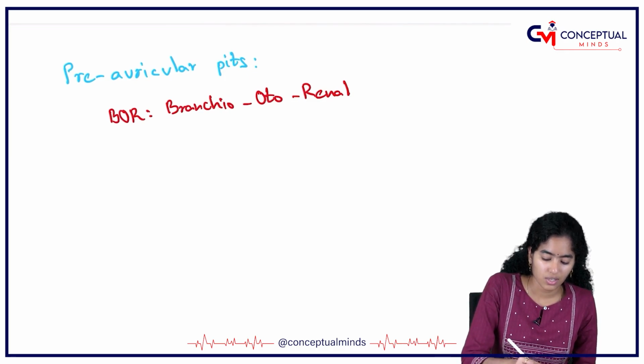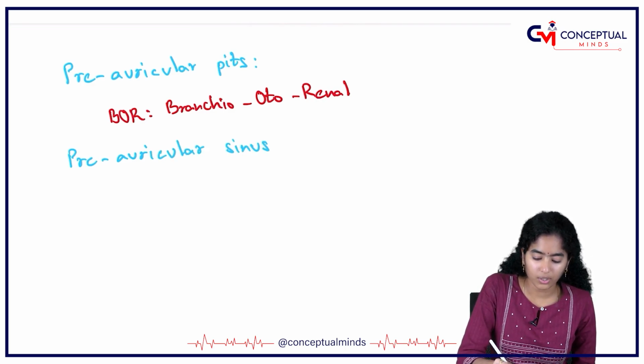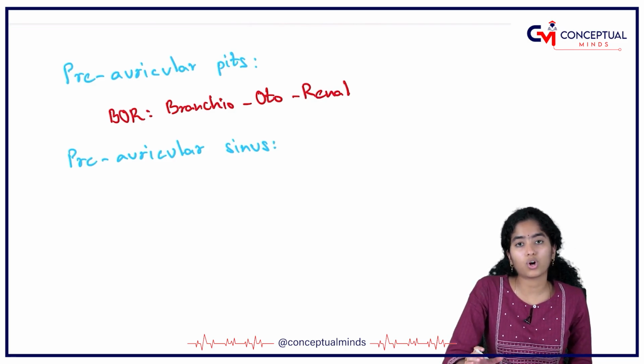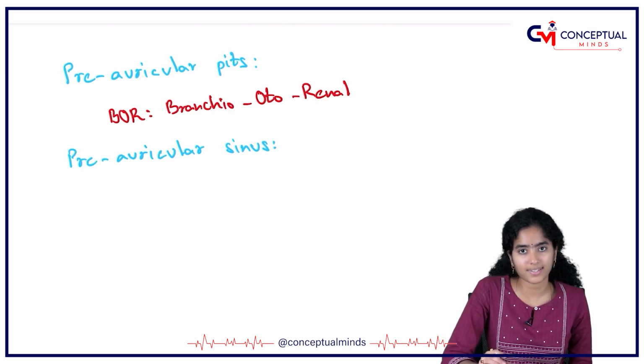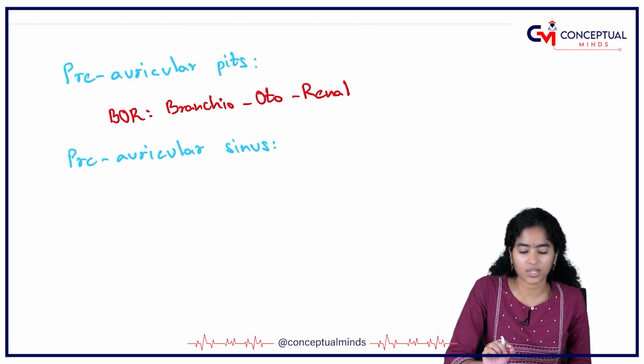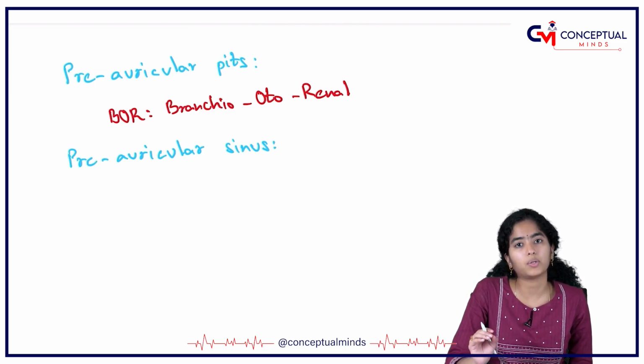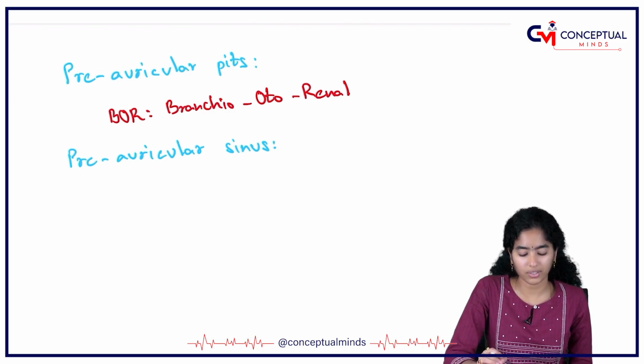Another condition is preauricular sinus. Preauricular sinus occurs due to non-fusion of the first and second branchial arch. The tragus develops from the first arch, and the rest of the pinna develops from the second arch. So non-fusion of these two structures will result in a small sinus, that is the preauricular sinus. So it is present between the tragus and the rest of the ear.